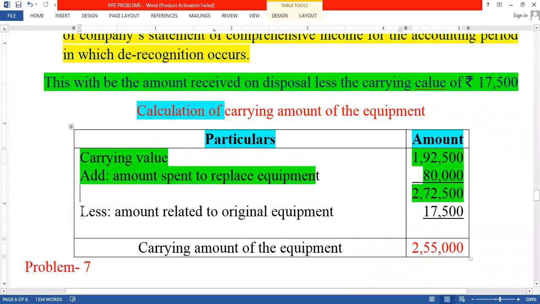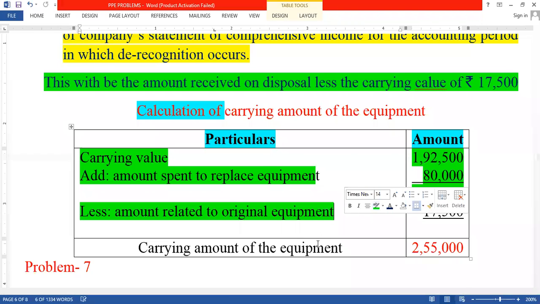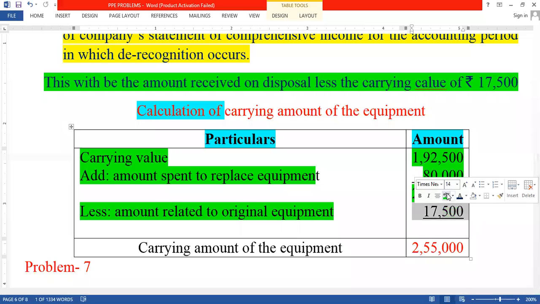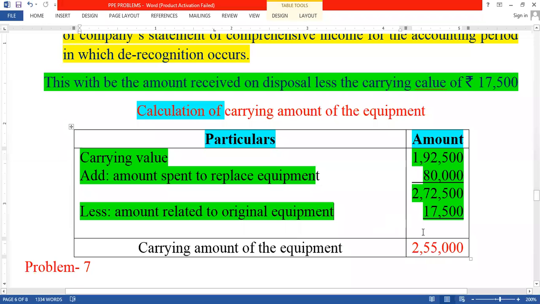So therefore, you should deduct this amount related to the original equipment. So what is the amount related to original equipment? 17,500. You should deduct it. It is not related to the present equipment. It is related to the original or first equipment.